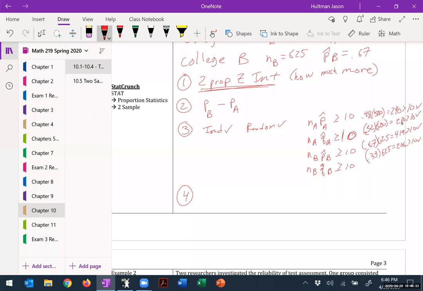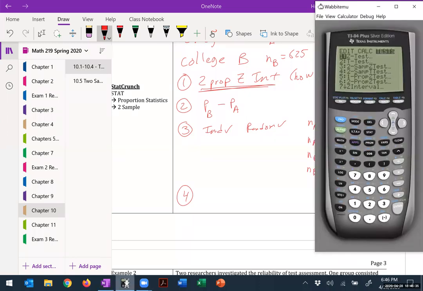It's 2 proportions this time, and we don't want the test, we want the interval. So it's looking like that's our letter B here. 2 prop z int.